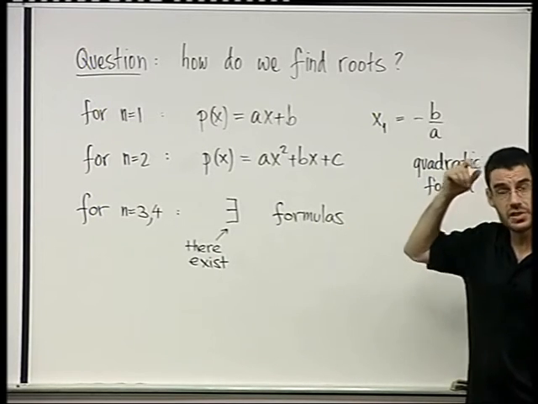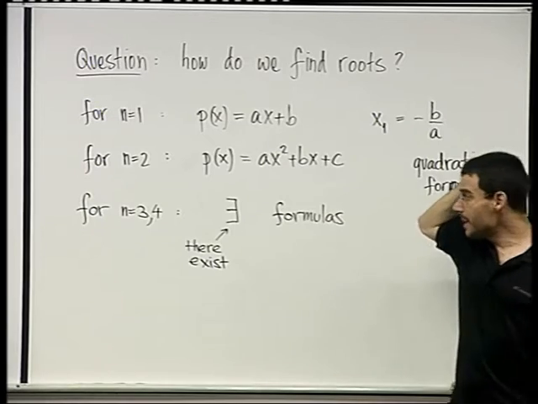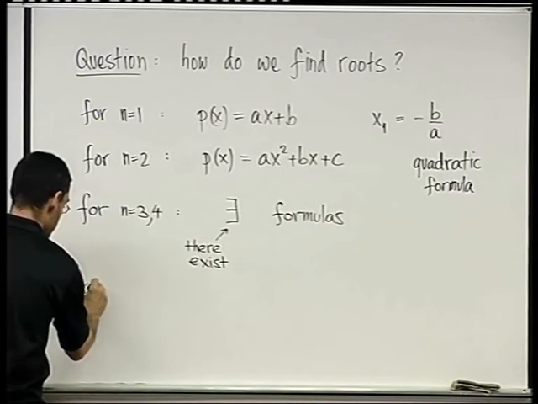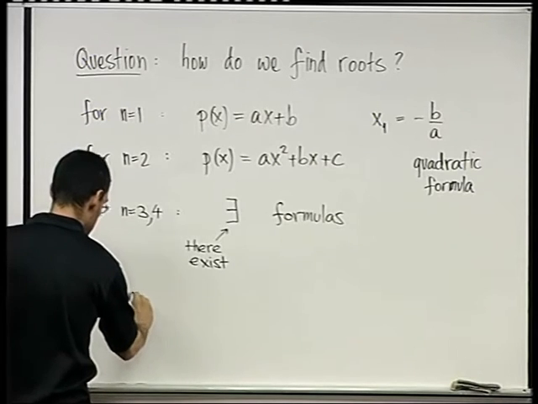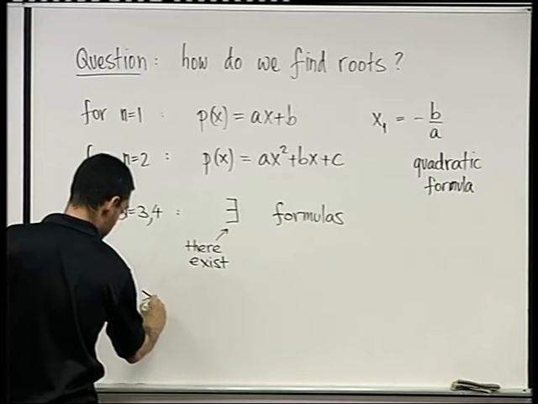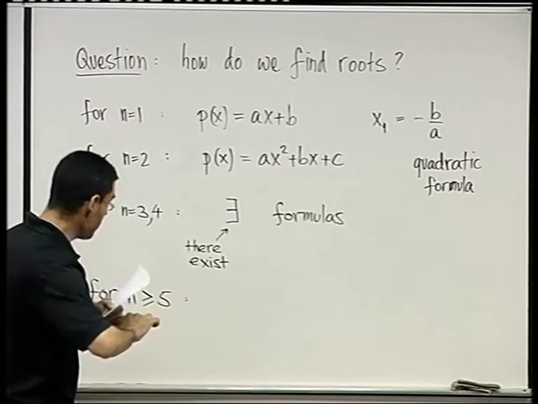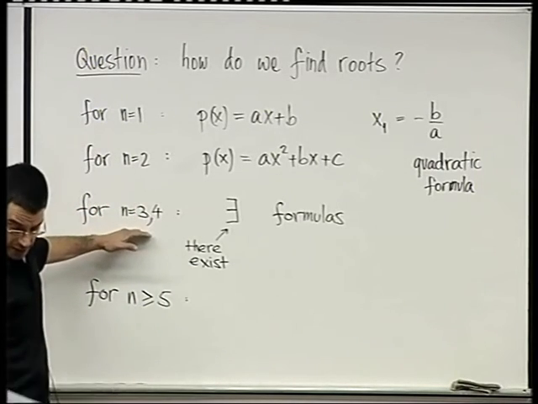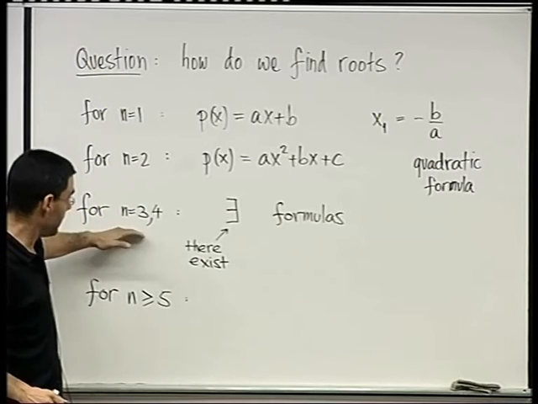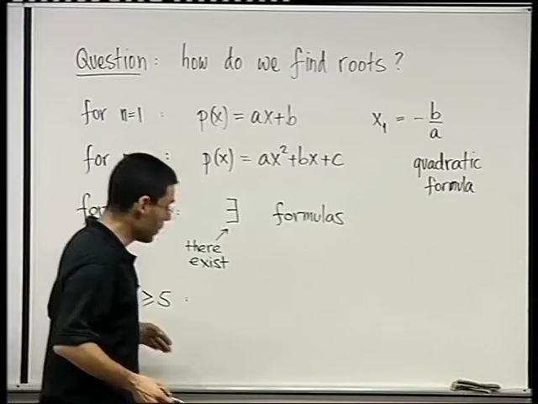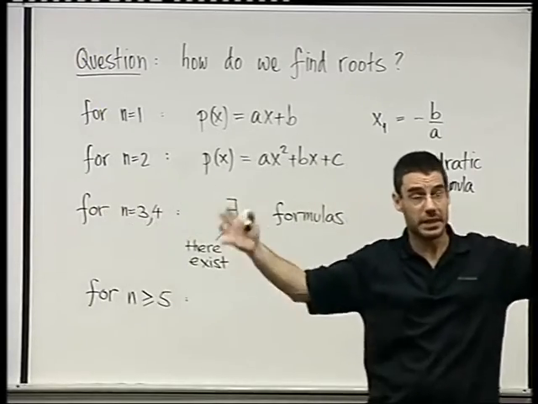So the formulas exist. And then the remaining question was, what do you do for n equals 5, or in fact, for n greater than or equal to 5? Once these formulas were discovered, people were sure that these formulas exist, but they were also convinced that they're probably very big and scary.